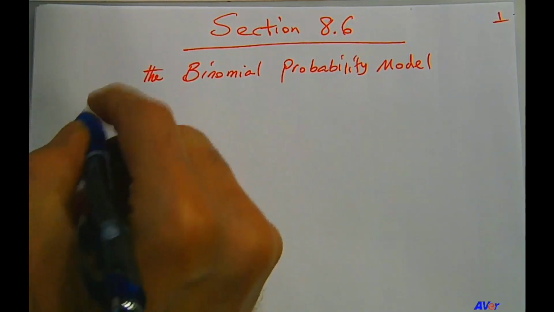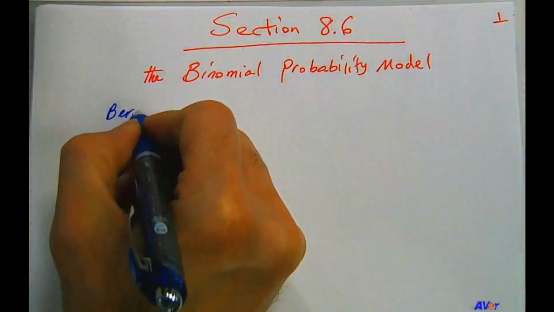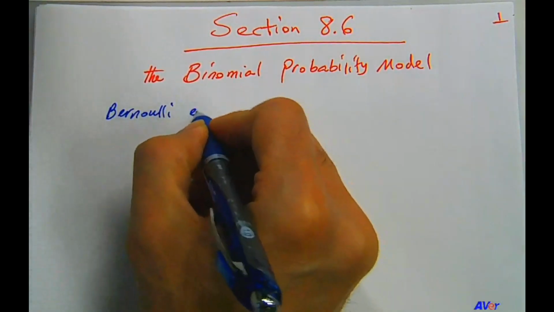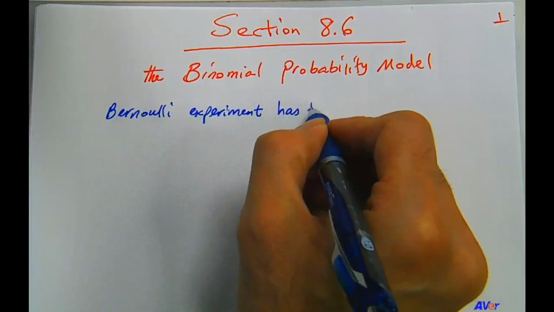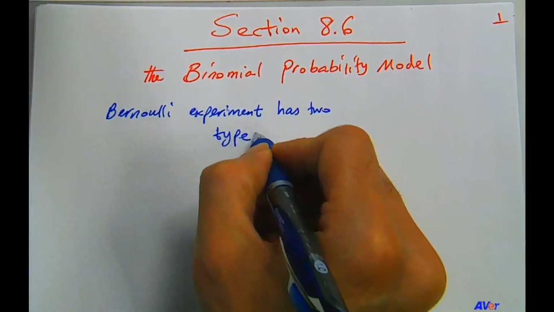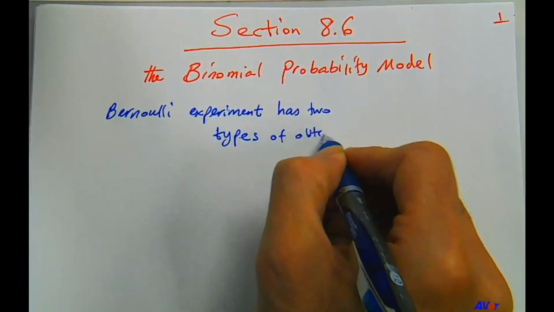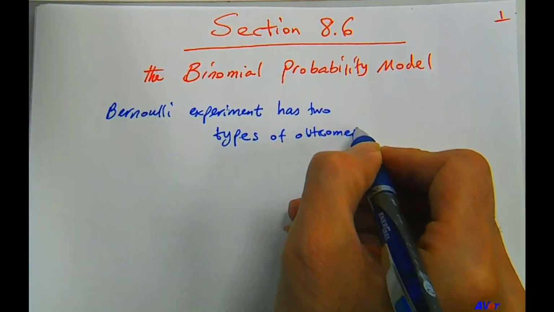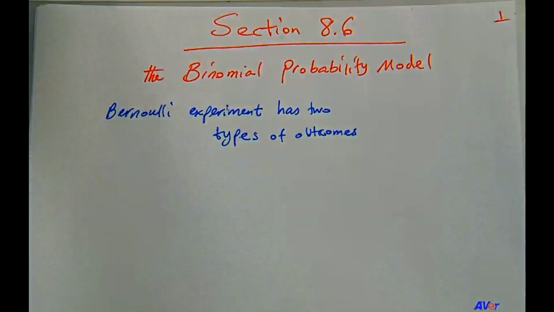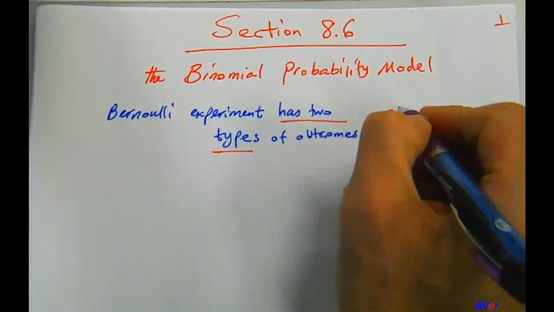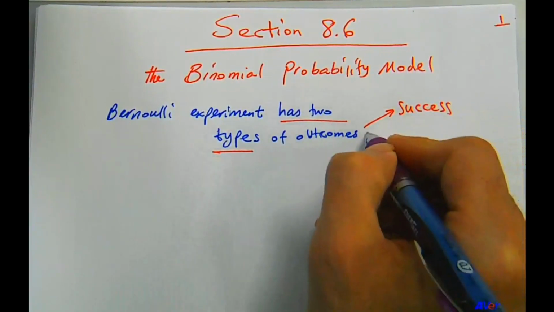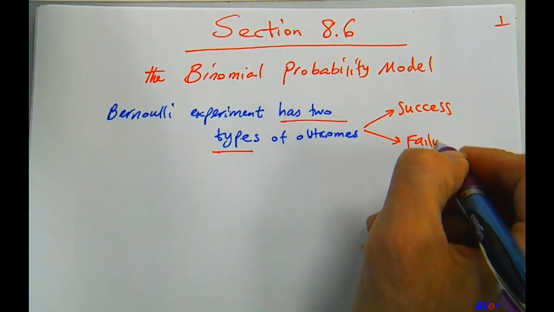So first off, I want to write down what I said a few seconds ago, which is that a Bernoulli experiment has two types of outcomes. It could be 300 different outcomes, but as far as the type of outcome we're concerned, it can be either a success or a failure.